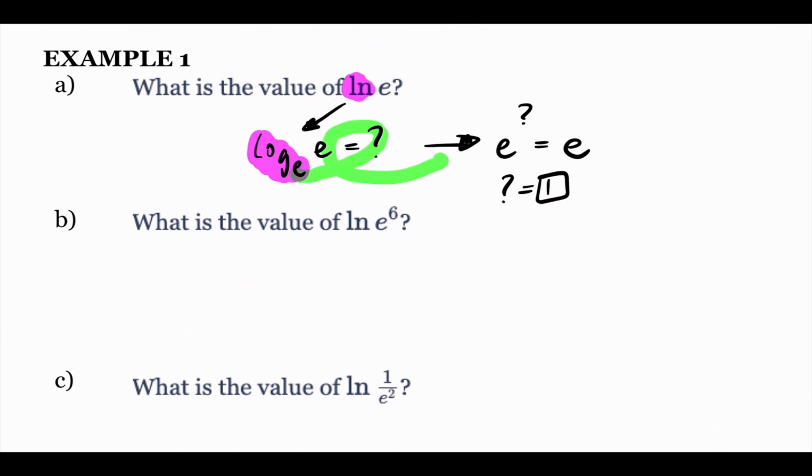Number 2, or letter B. Again, first thing I'm going to do is change it, so I can do the loop trick. Mainly I just do it so I can do the loop. e to the 6th power, and then equals what?